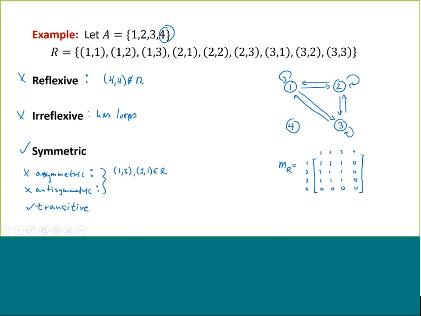In other words, here we've put in as many possible connections, as many possible arrows as we possibly can, which means if you've got all the arrows involved, you automatically have all of your length 2 paths have a shortcut of just a single arrow. Okay. So this guy is transitive right there.